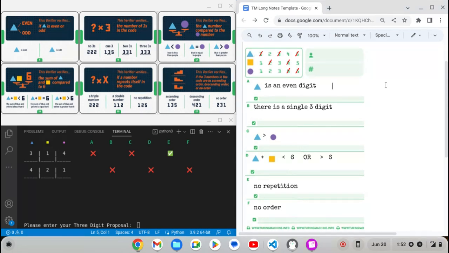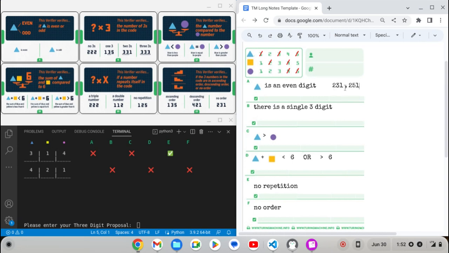So if it has no order, it wouldn't be 2, 1, because again, circle must be smaller and have no repetition. So it can't be 2, 1. So it's got to be 2, 3, 1. Or 2, 5, 1.